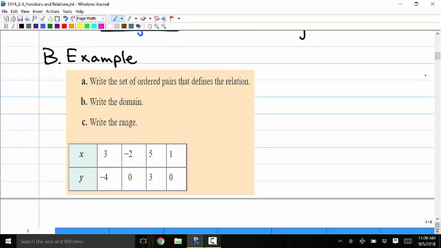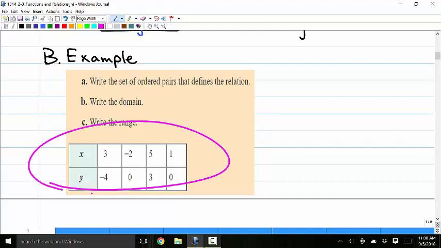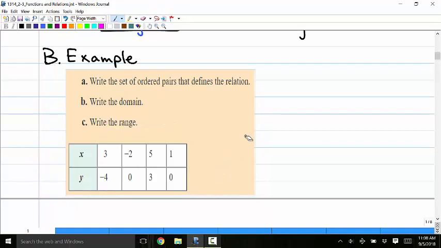An example. Write the set of ordered pairs that defines the relation. They give you a table. They give you a list of x values and a list of y values and tell you to go write the set of ordered pairs that defines that relation. So a set looks like this. An ordered pair, give me the first ordered pair. What's the x value? 3.